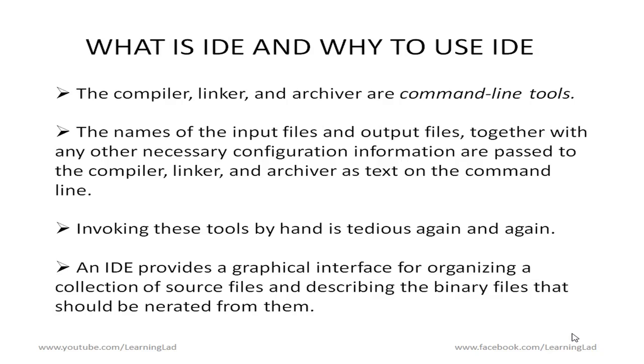An IDE provides a graphical interface for organizing a collection of source files and describing the binary files that should be generated from them. So we just need to click some buttons in the IDE, the graphical user interface, and then the specific compilers, linkers, archivers, and all those things are called automatically, and we'll get the application.